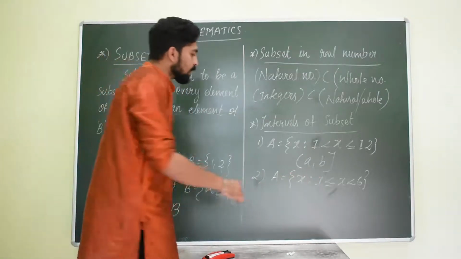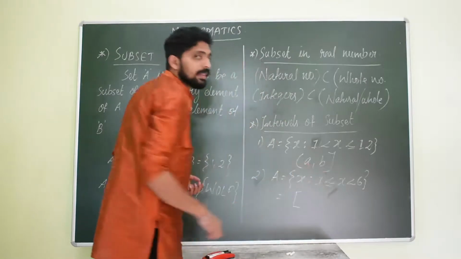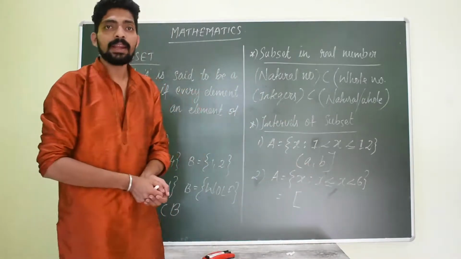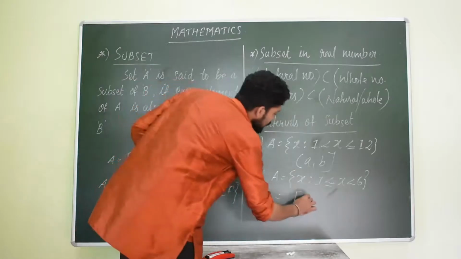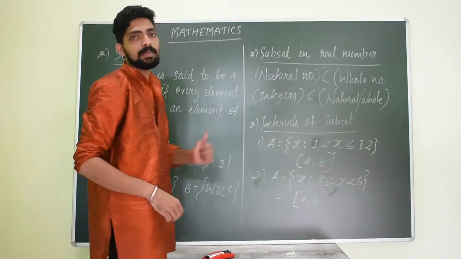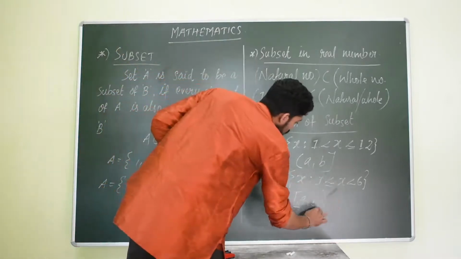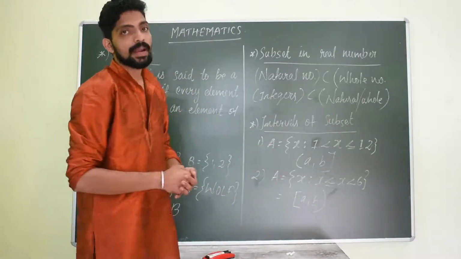So we will use the square bracket first because the equal to came there, right? Then you can check here, A, B, right? It's an example only. Then let the elements be A, B. Then lastly we will use the common brackets, right?